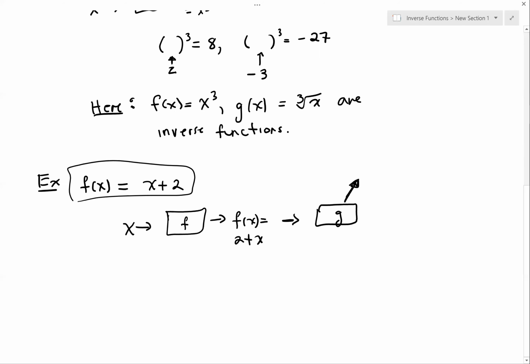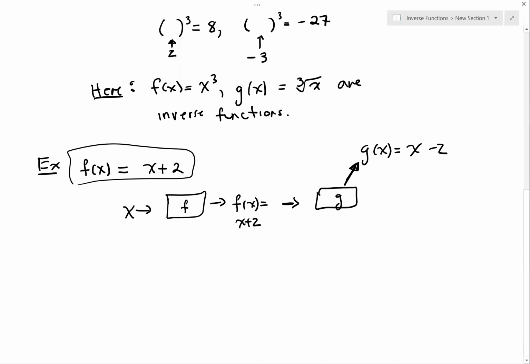I don't know why I wrote that as 2 plus x instead of x plus 2. It doesn't matter, but let's fix that up there. So g is a subtraction function, it takes whatever is there and subtracts 2 from it, then we're going to be able to see that we go back to what we started with.